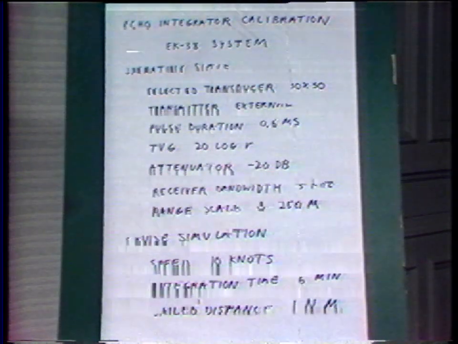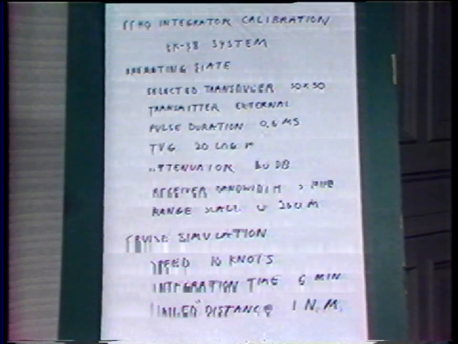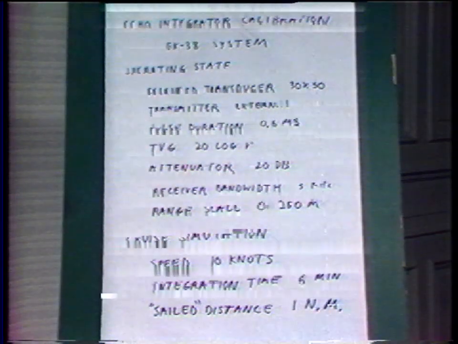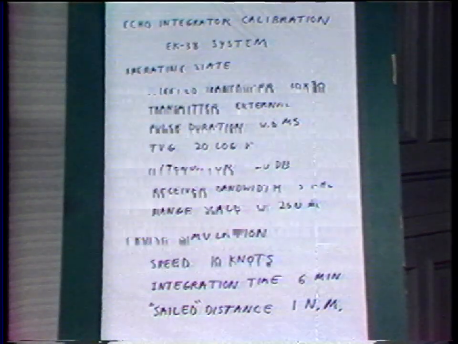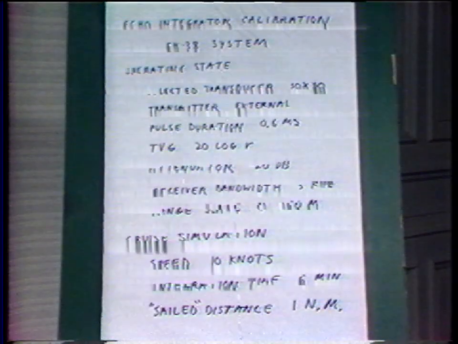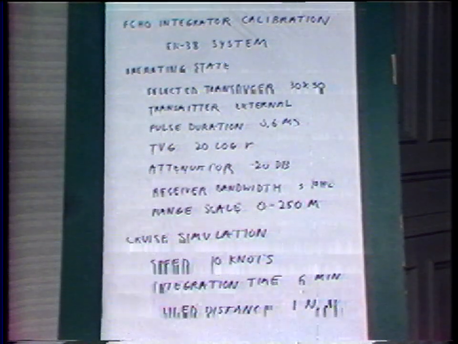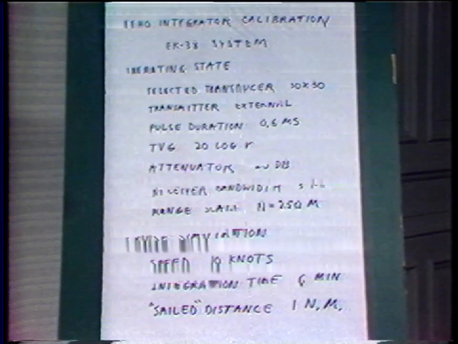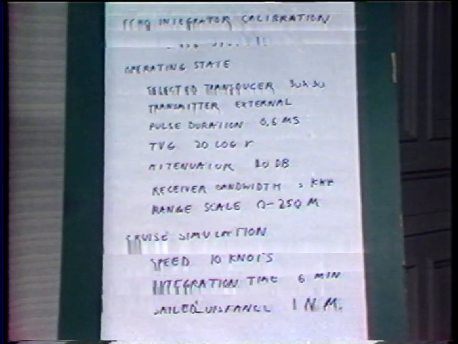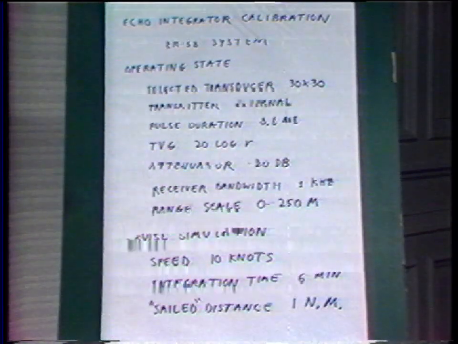The selected transducer is the 30 by 30 centimeter transducer. The transmitter is external, the pulse duration 0.6 milliseconds, the TVG is 20 log R, the attenuator setting minus 20 dB, the receiver bandwidth 3 kilohertz, and the range scale 0 to 250 meters.